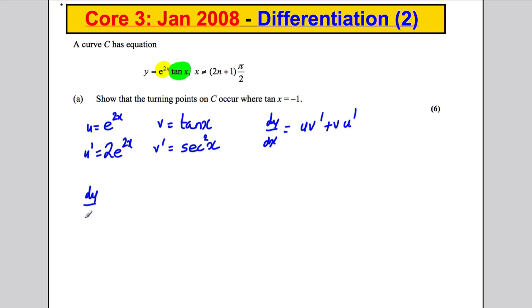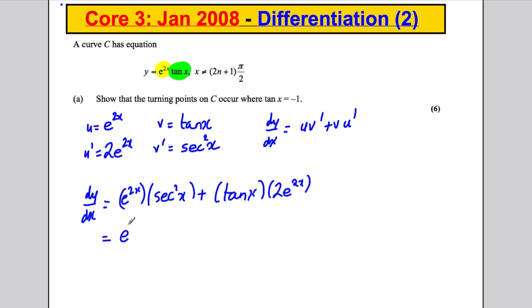Let's sub in. dy by dx is therefore u, e to the 2x, times v dash, which is sec squared x, plus vu dash, so tan x, and then times 2e to the 2x.